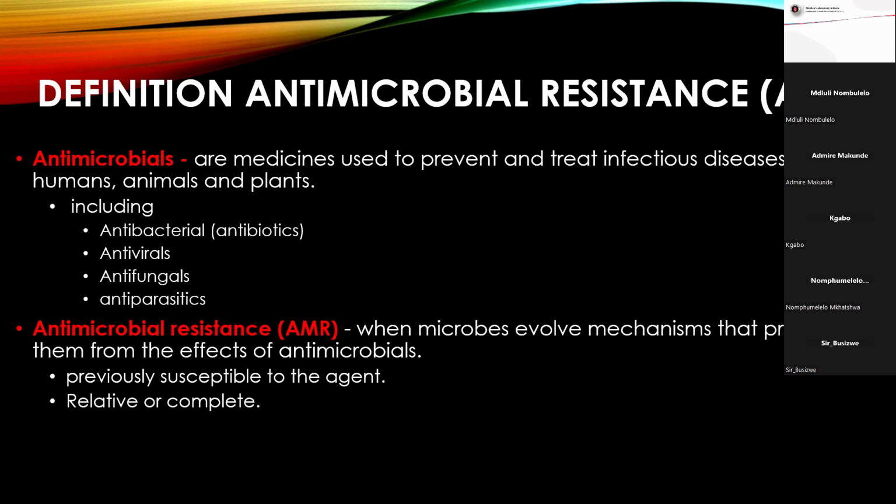So when we're talking about resistance again, there's relative and there's complete. By relative, when we're talking about our antiseptics, we classify them as bactericidal and bacteriostatic. So it's the same principle on antimicrobials: there are some which totally kill the organism. That's complete susceptibility. So when an organism is fully resistant to such, we say complete resistance.